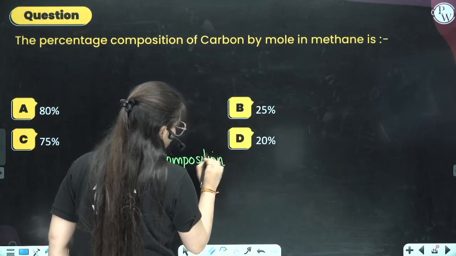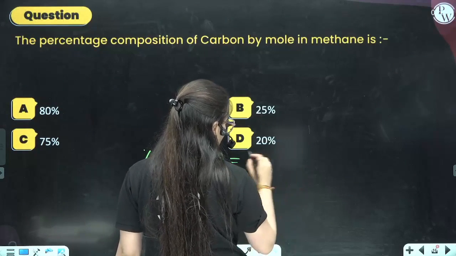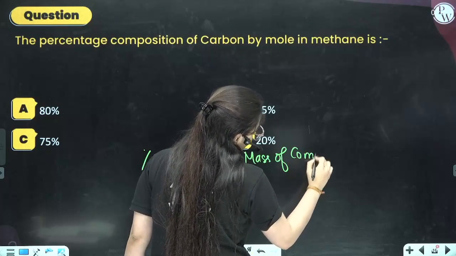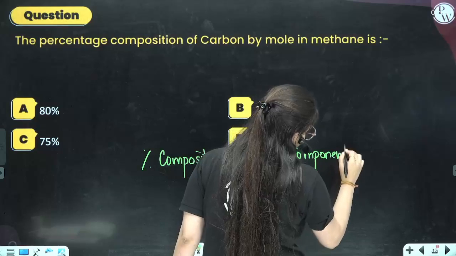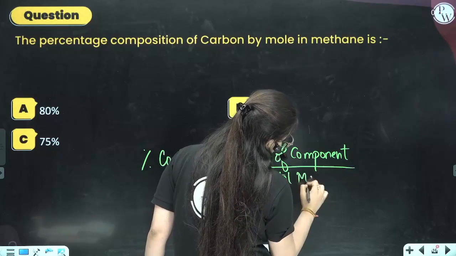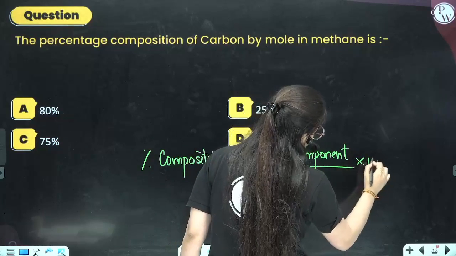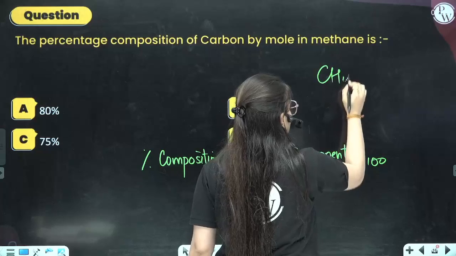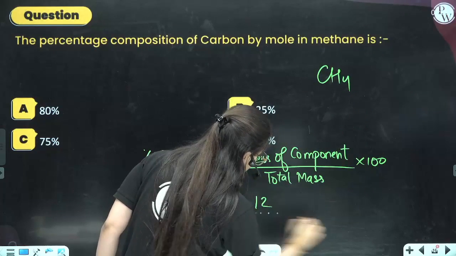Percentage composition of a particular element is basically the mass of that component divided by total mass, into 100. Very simple. If I am talking about only carbon in CH4, how many carbon? 1 only. So, 1 into carbon mass is 12.